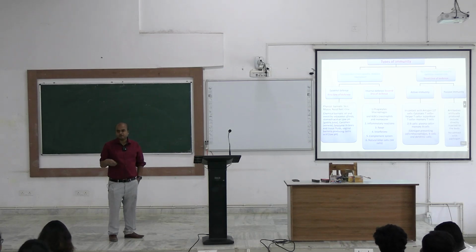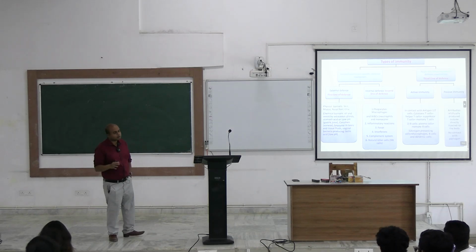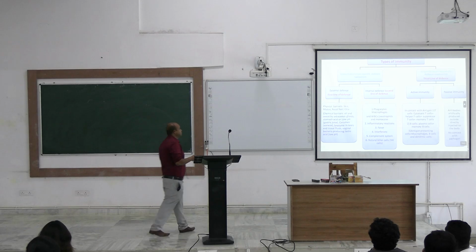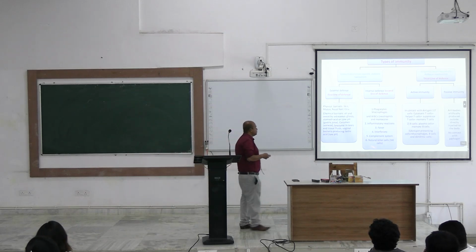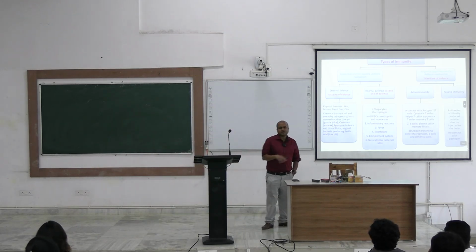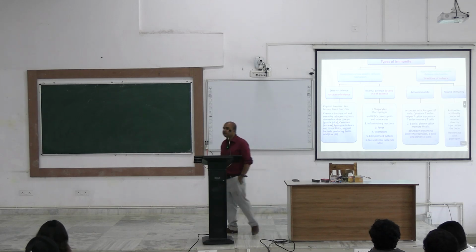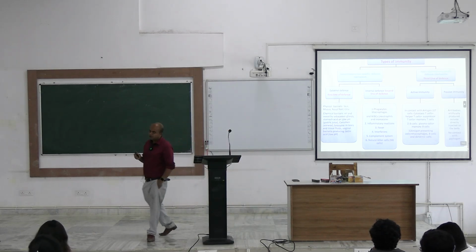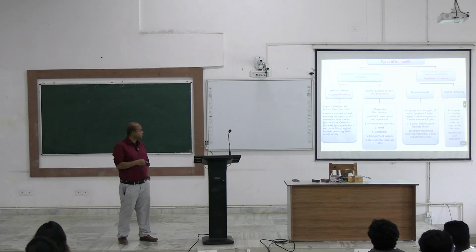Even they are mentioning fever, but fever is actually a symptom; fever is itself not a disease, it is the manifestation of something, that something has gone wrong. That is the manifestation, the body temperature has risen. Do not write it as a component of immunity, although some books do. But you have to know about interferon, all these macrophages and other WBCs, and natural killer cells, which are obviously part of innate immunity.